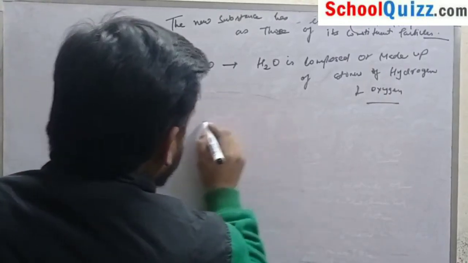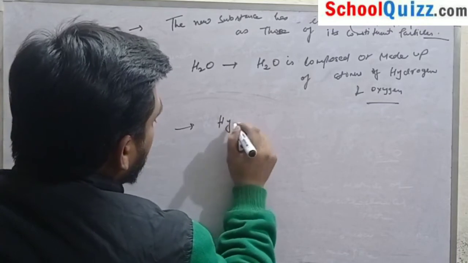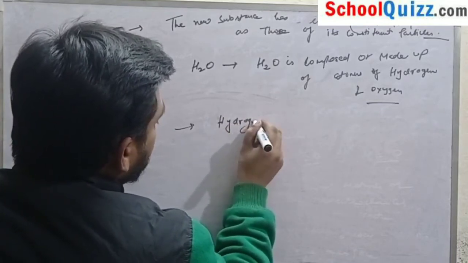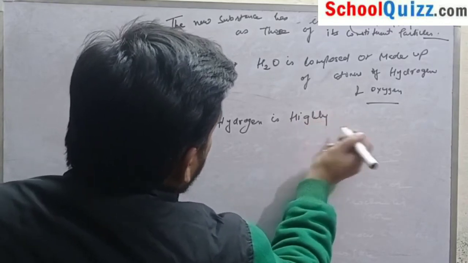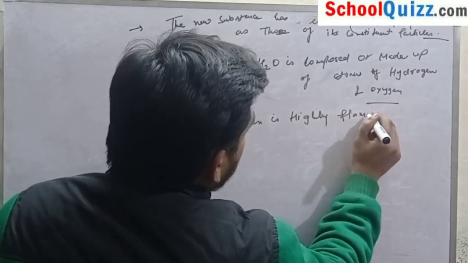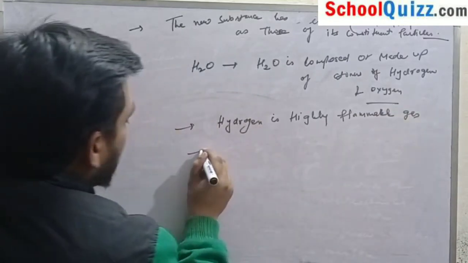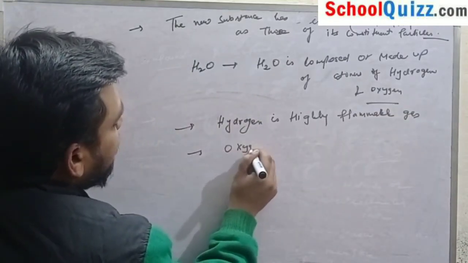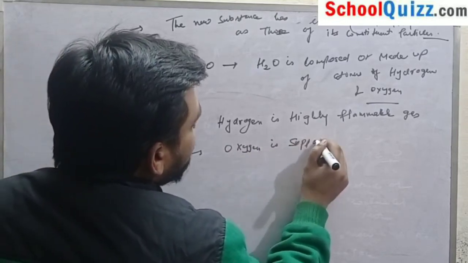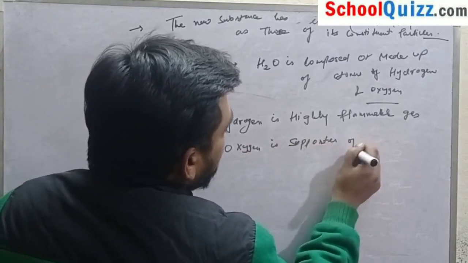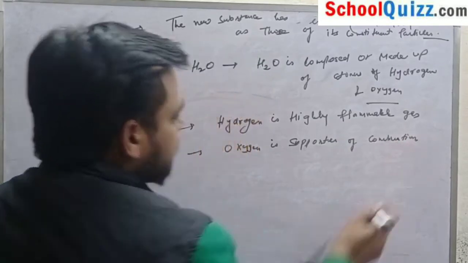As we know, hydrogen is a highly flammable gas, whereas oxygen is a supporter of combustion.